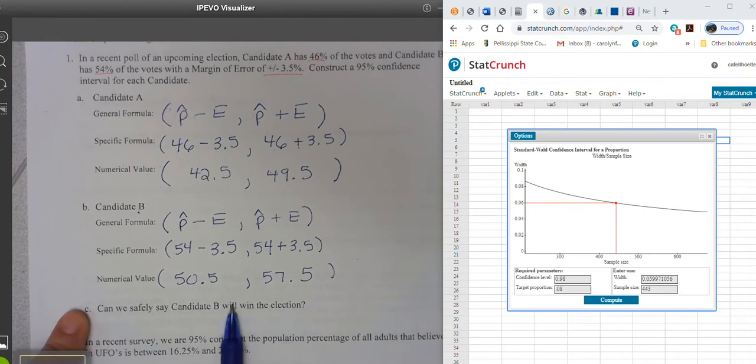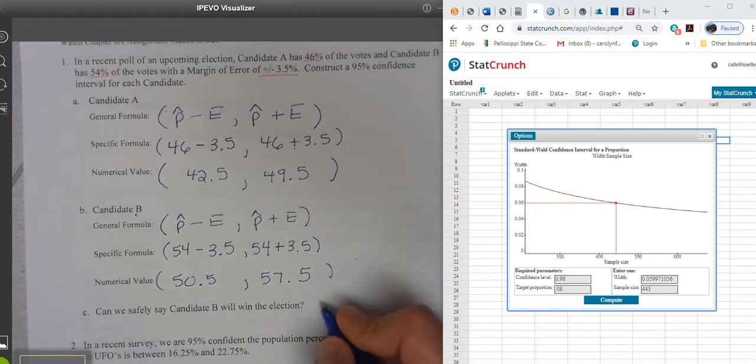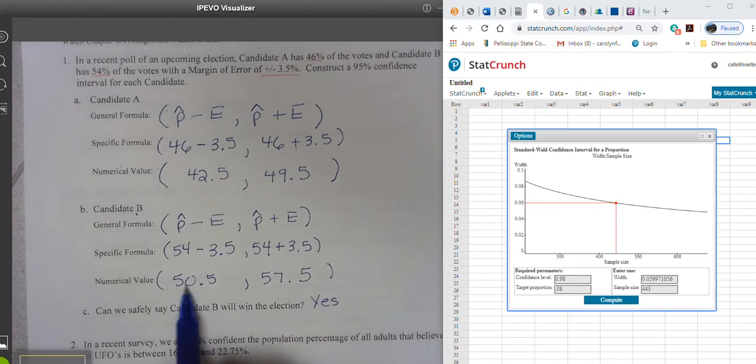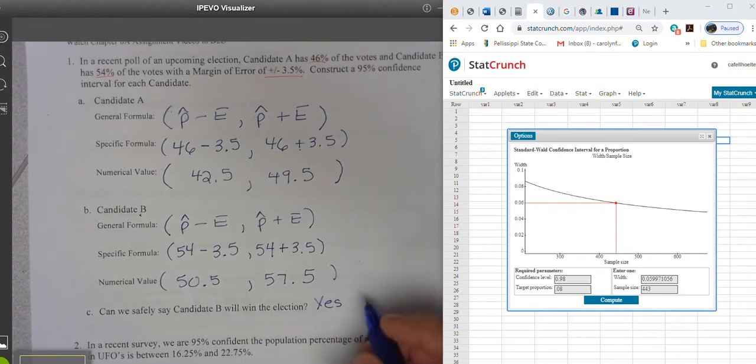Well, we can be 95% sure that he will, because the lowest limit would be a majority vote. It's just barely, but a little more than 50%. So we would say yes. We can't always do that, but in this case, our lower limit is above 50%. So he would get the majority of the vote if we look at the confidence interval here.